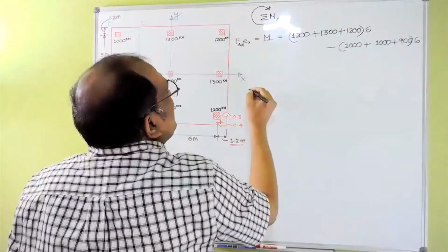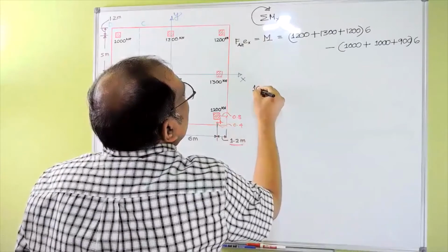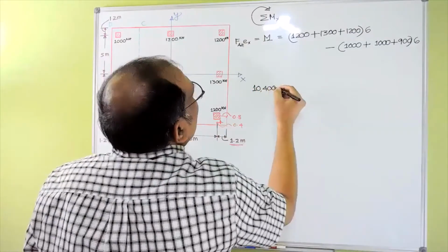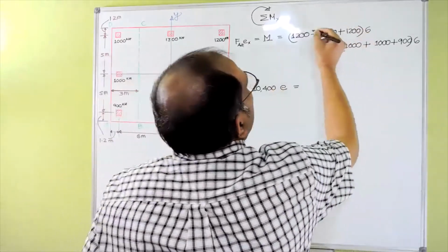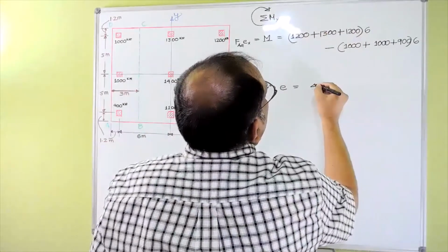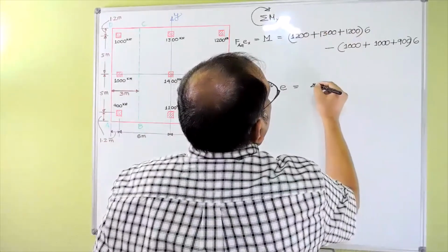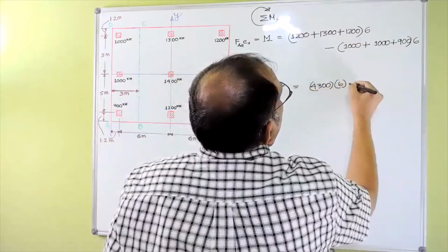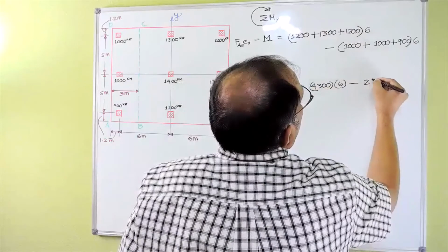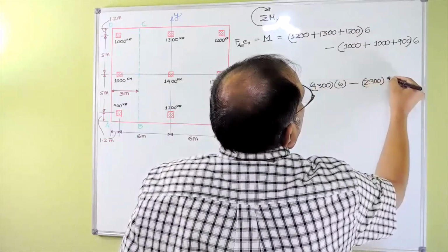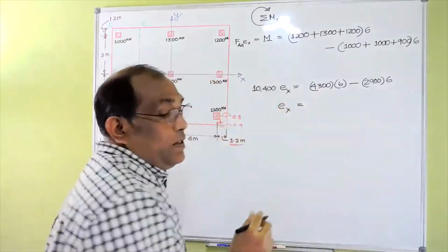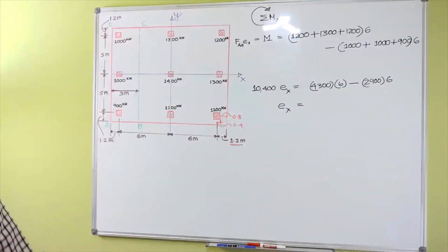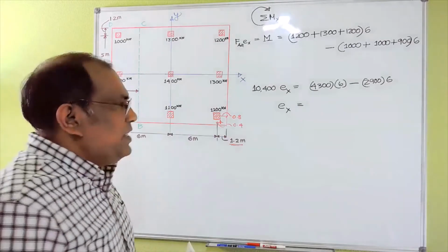We already know this one is 10,400. So you can find your Ex from here, which is basically 0.46 meter.